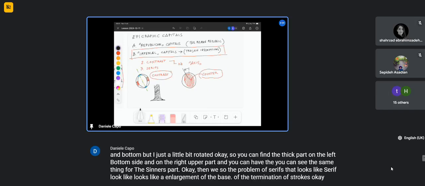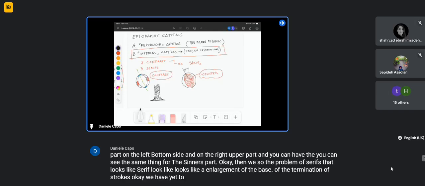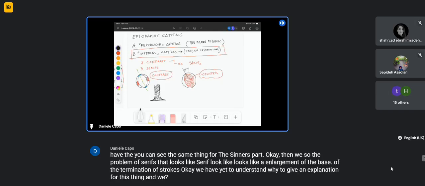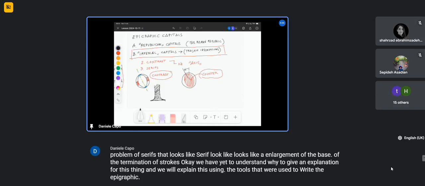Okay, we have yet to understand why, to give an explanation for this thing, and we will explain this using the tools that were used to write the epigraphic capitals.